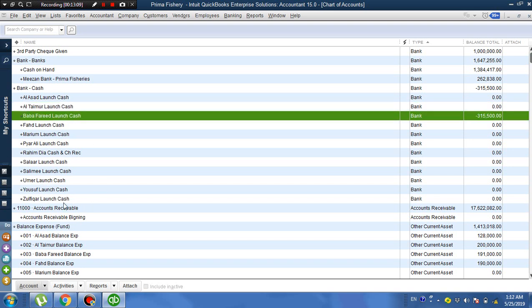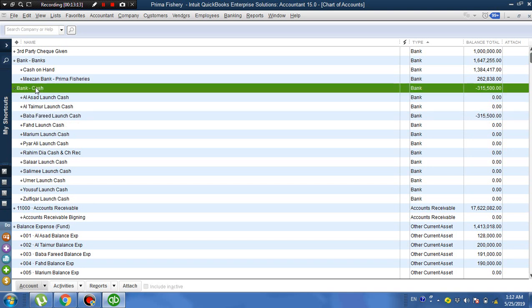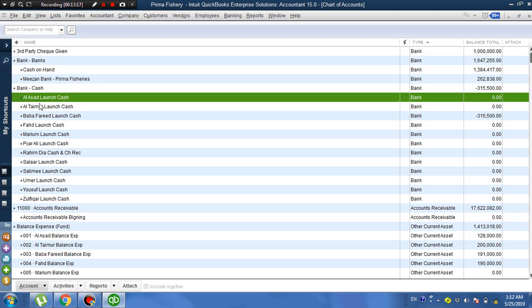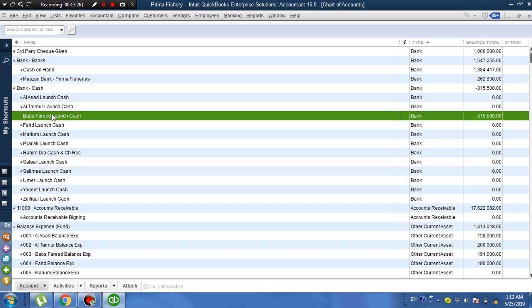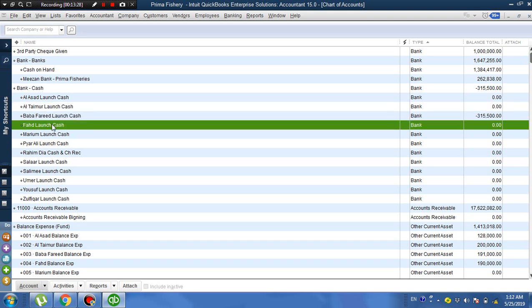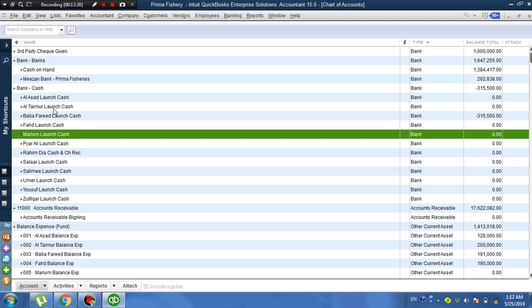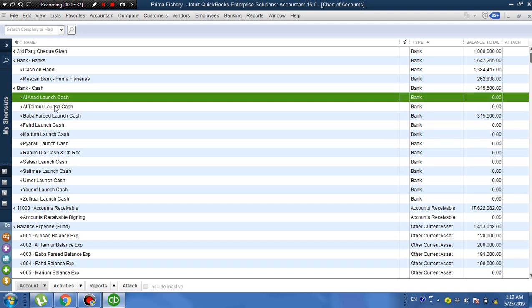These are the cash ledgers which we have maintained, because every time when a fishing boat arrives, we actually need to pay some people on the spot, because when the launch goes in the sea for hunting, it takes all the supplies on credit.